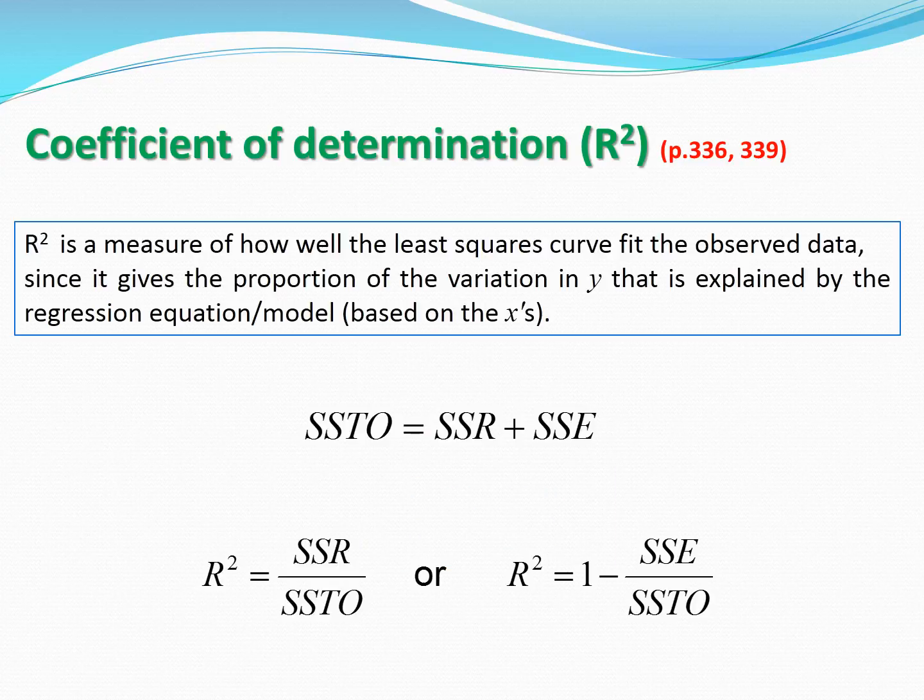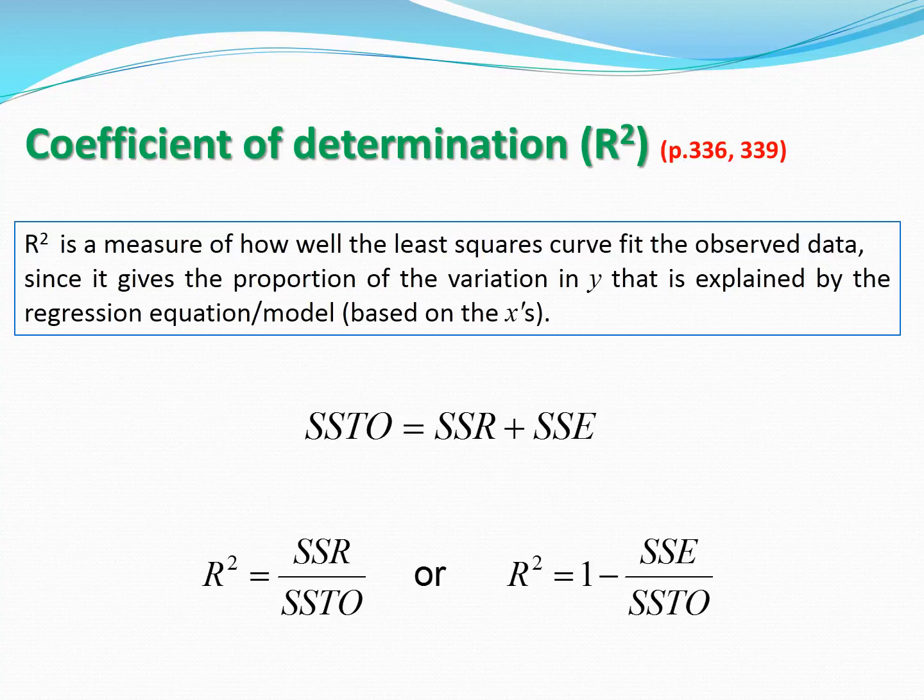The coefficient of determination is denoted by R square, and this is a measure of how well the least squares curve fits the observed data, since it gives the proportion of the variation in y that is explained by the regression equation or the regression model. And this is based on the independent variables that are included in the model.